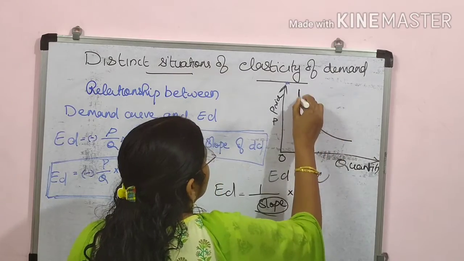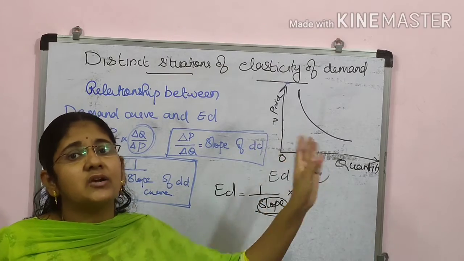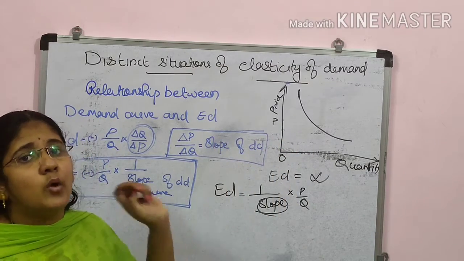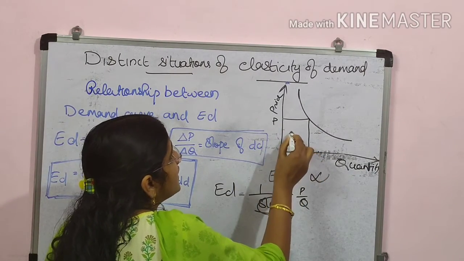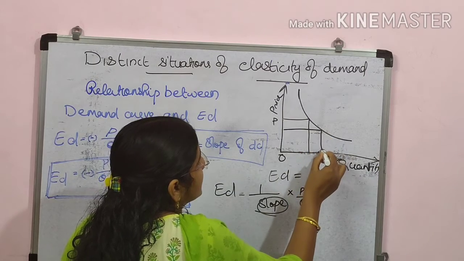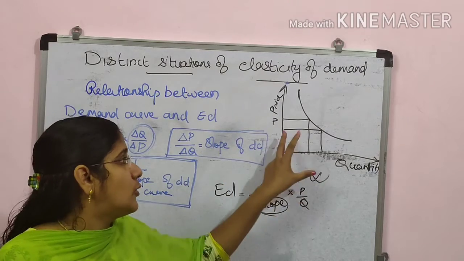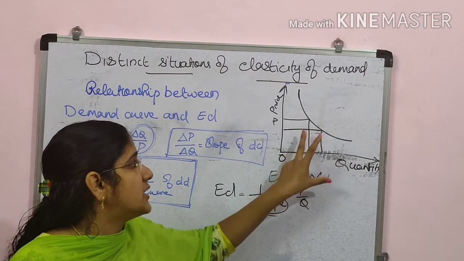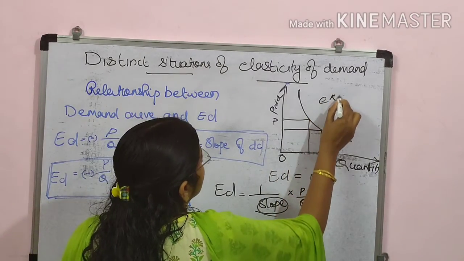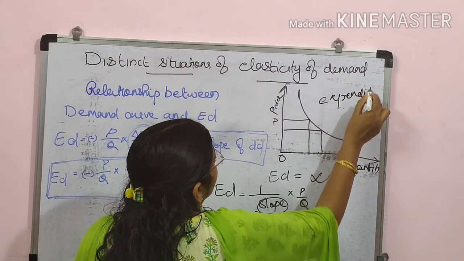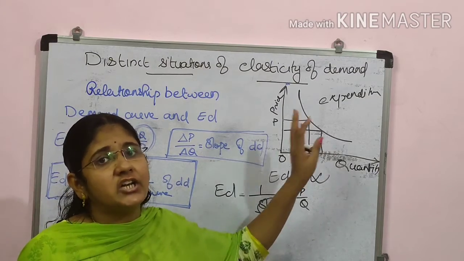In this case, if we make a rectangle under this hyperbola, the area of the rectangle will always be the same, because the expenditure we are spending will always remain the same.